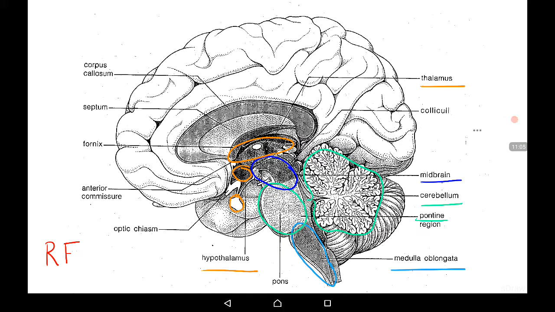So all sensory inputs except olfaction pass the thalamus. It also plays a major role in motor control, responsible for control of muscle movements through its various connections with the basal ganglia, cerebellum, and the motor cortex. So we may call thalamus the relay station.